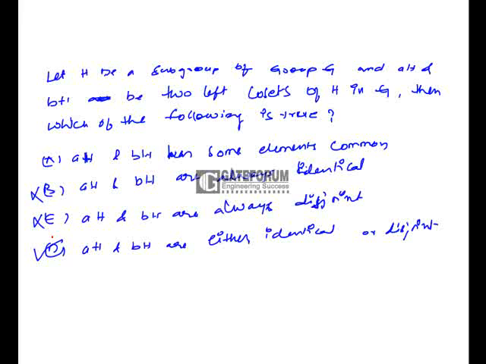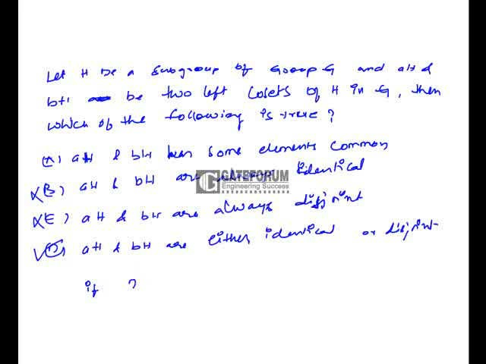Why? Because let us suppose they are not disjoint, that means some common element will be there in both AH and BH.